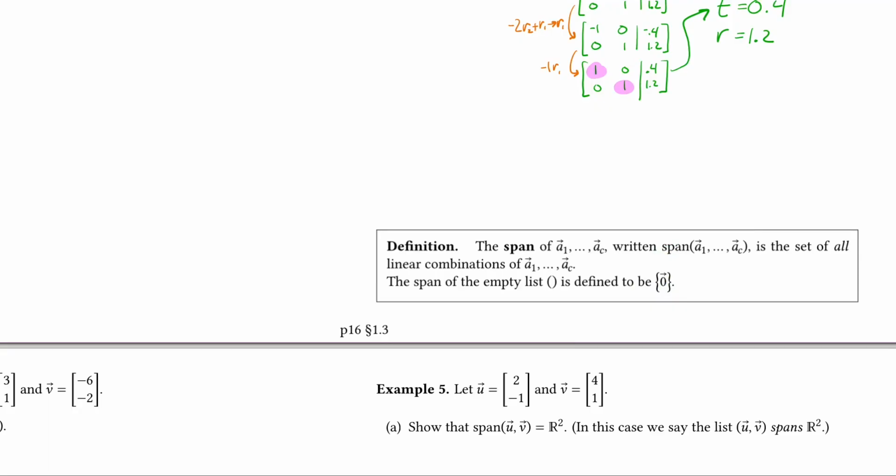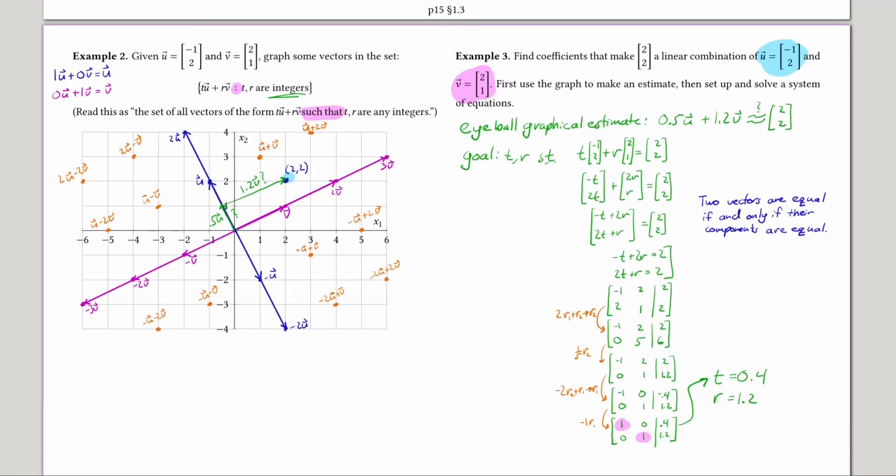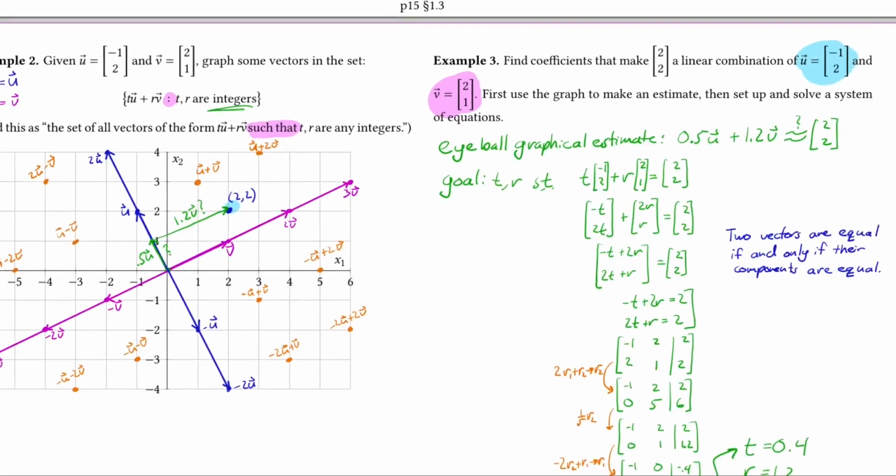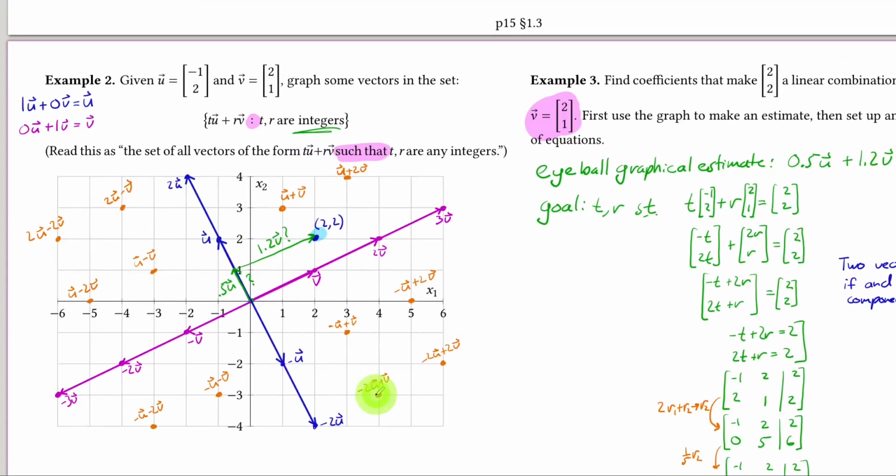So, as a quick example, what we were talking about with example 2 here, where there's all of these points that we labeled, those are part of the span of u and v, because this was only allowing for integers.